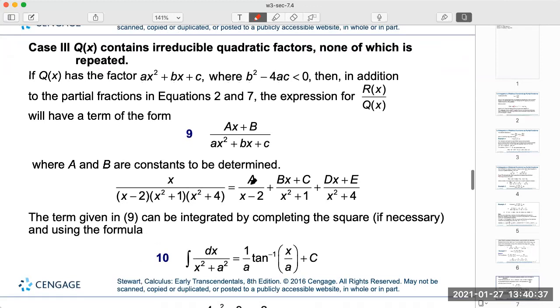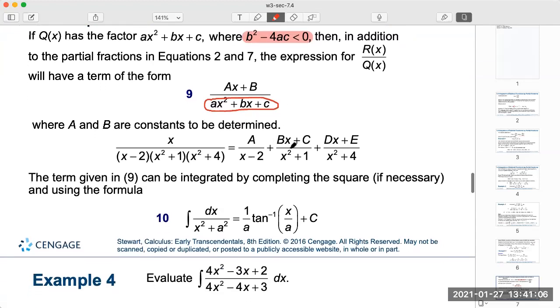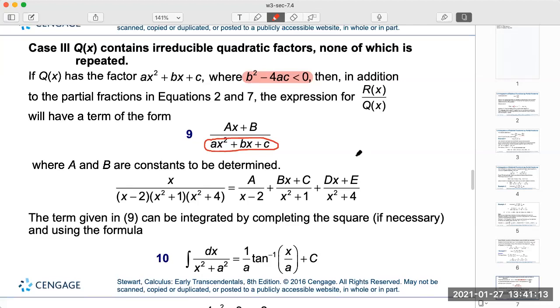The third case is when Q(x) contains an irreducible quadratic factor. A quadratic function, a polynomial of degree 2, is irreducible when the discriminant is smaller than 0. In this case, we can write the rational function in this form.